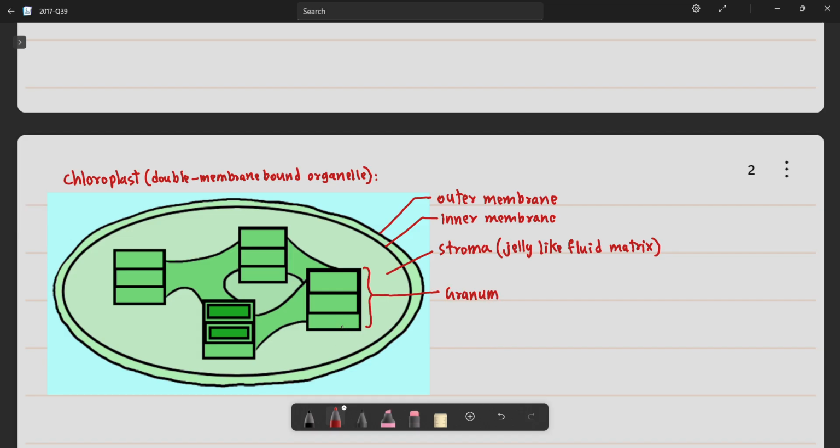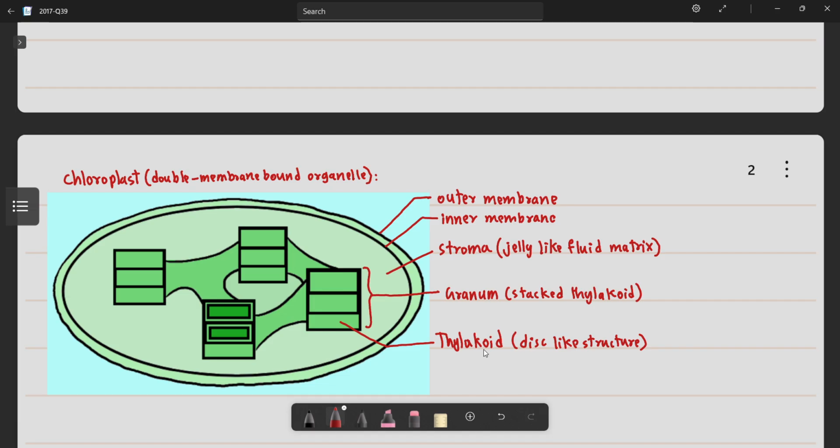And these individual disc-like structures are called thylakoids. So the individual disc structure is called a thylakoid, and a granum is a stacked thylakoid. Meaning if you stack all these individual thylakoids together, it forms a granum structure.